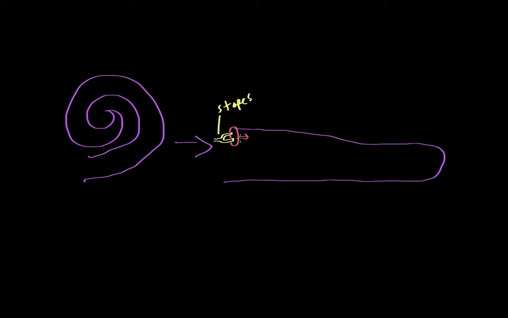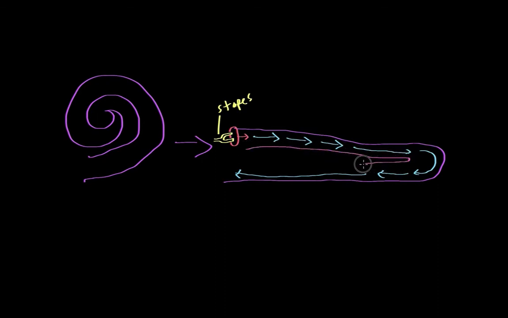So as the elliptical window gets pushed in, there's fluid inside the cochlea, and that fluid basically gets pushed all the way around the cochlea and then comes back around. And as I mentioned before, the reason that the fluid flows in this direction is because there's a structure right in the middle, and we call it the organ of Corti.